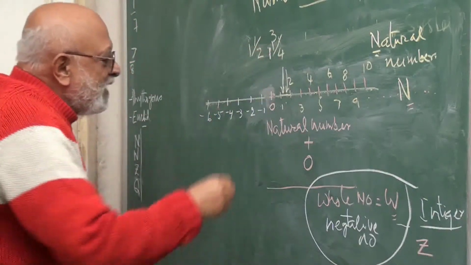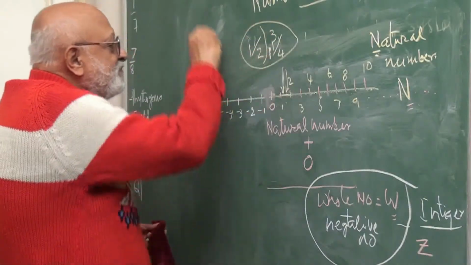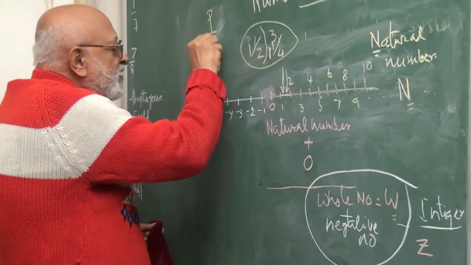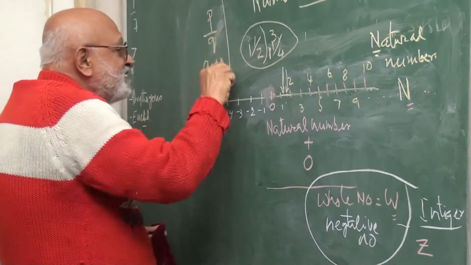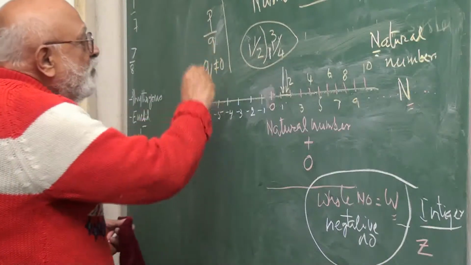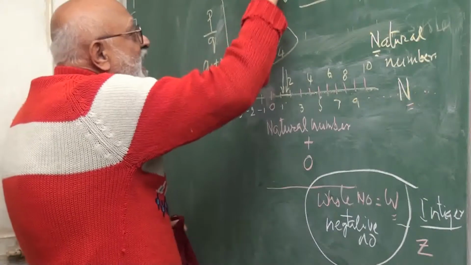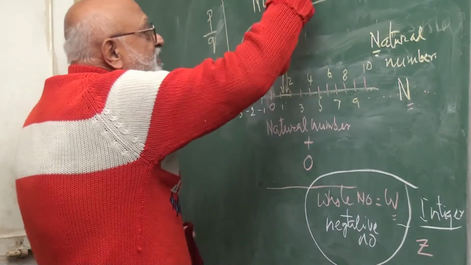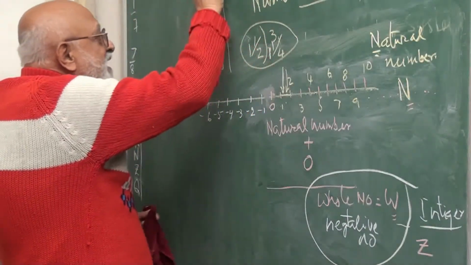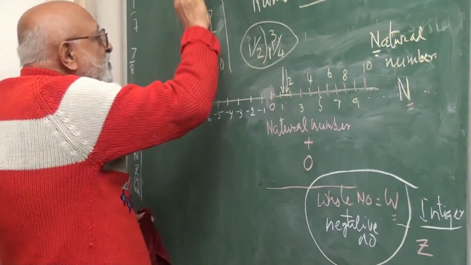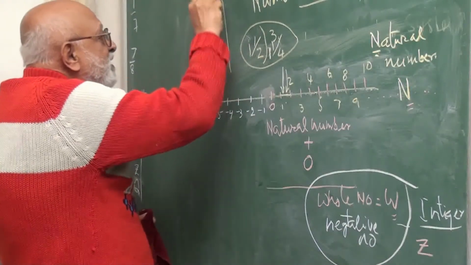Okay, now you can see these fractions I can represent as P by Q, and Q is not equal to 0. Why is this necessary? Because if Q becomes 0, let's say Q is equal to 0, then this becomes undefined. So you cannot define this, because say Q, and here is 0, and here is 0. So what do you do? You multiply by 1, this becomes 0.